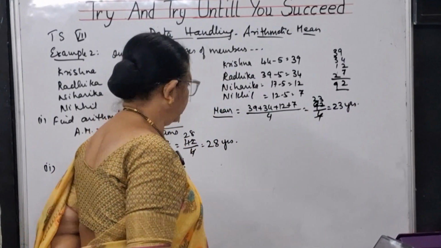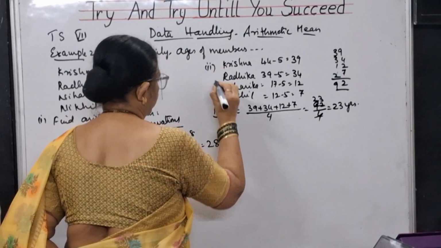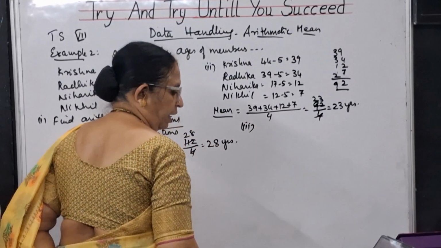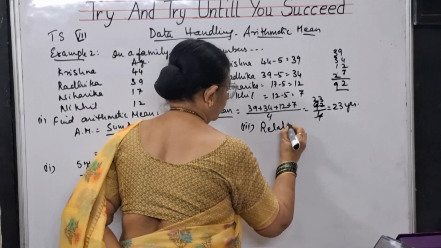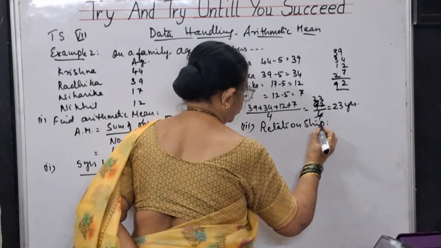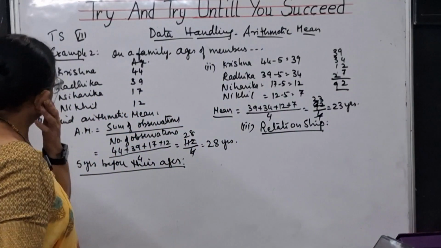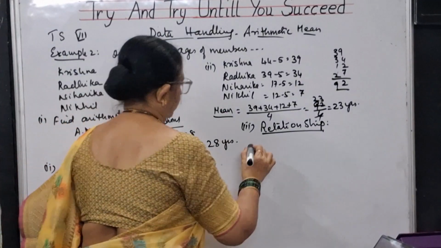So third question, this is about the second bit answer. Now third bit, can you see the relationship? What is the relationship? Relationship is, mean in the first case is 28 years.